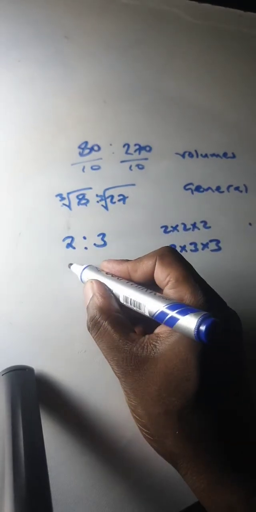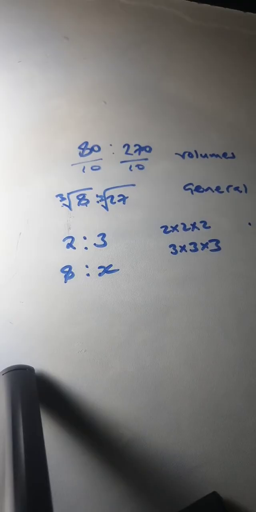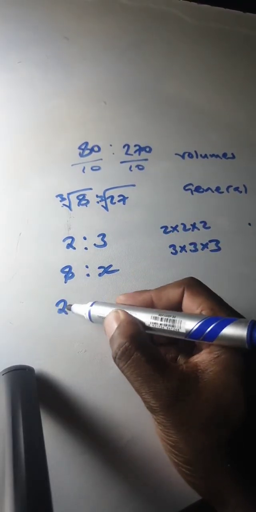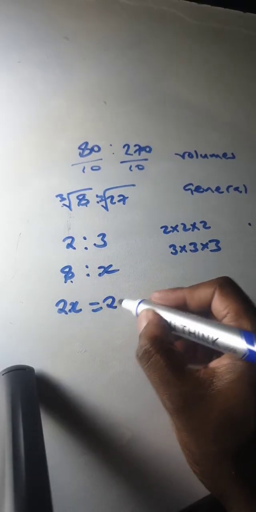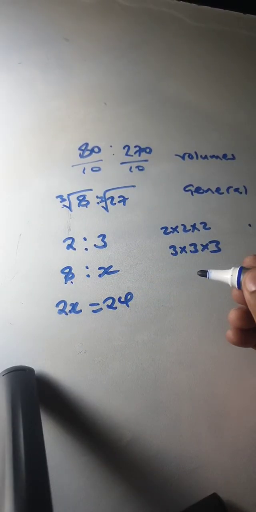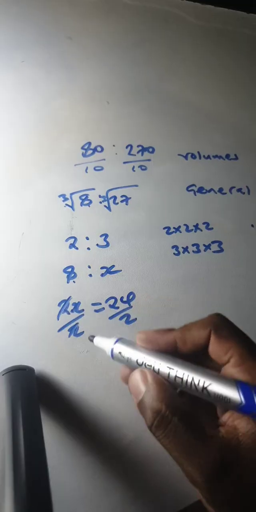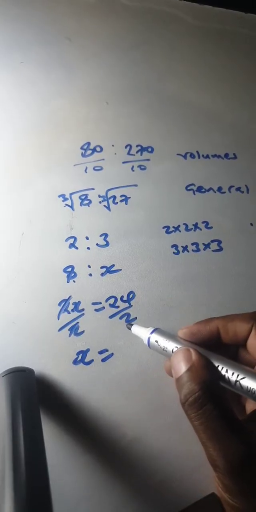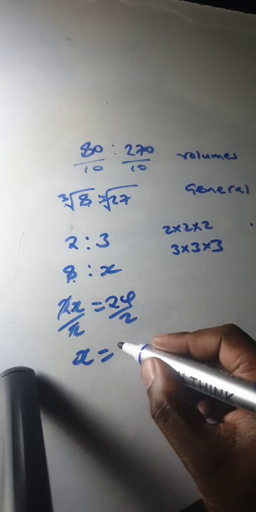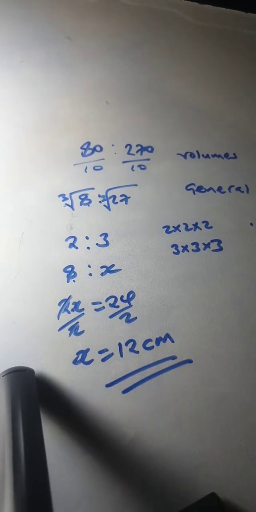The smaller is 8, so what would be the larger? 2 times x, it is 2x, equals 8 times 3, which is 24. Then we divide both sides by 2. x is equal to 24 divided by 2, which is 12. That's the height of the larger solid.